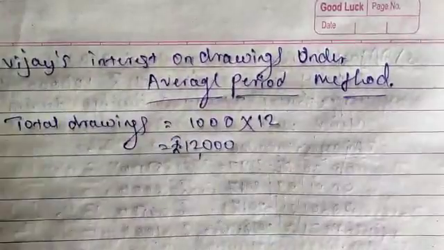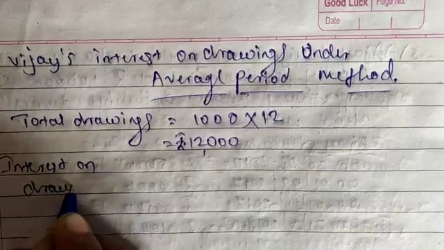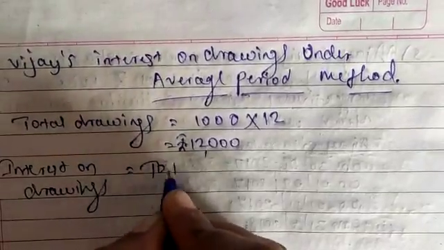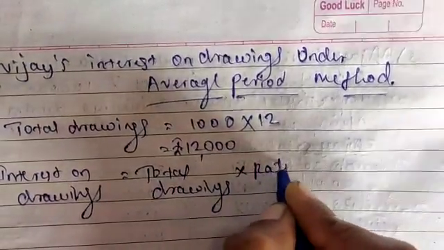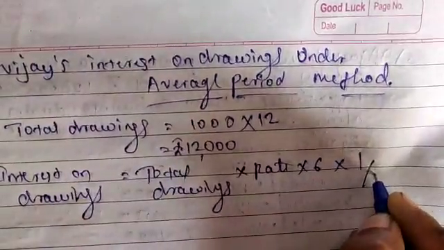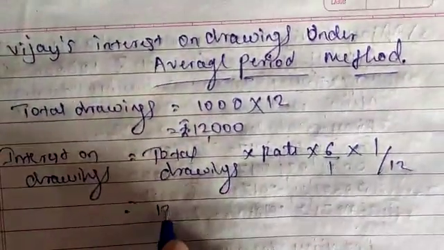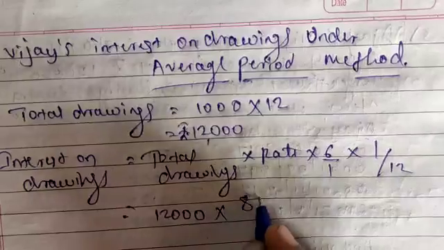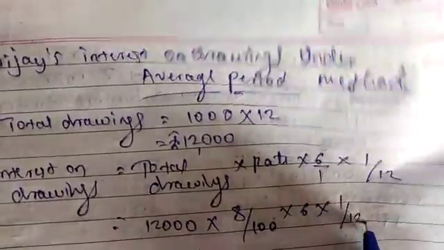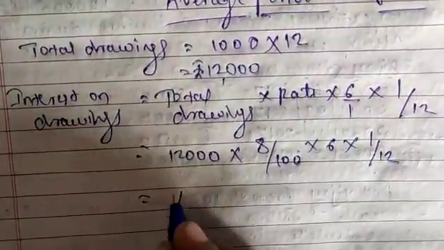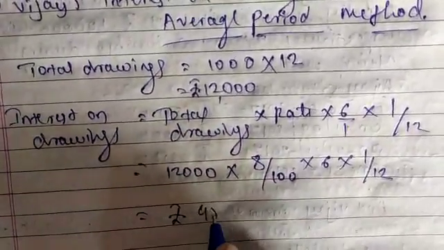Total drawings 12,000. Next put the formula: interest on drawings equals total drawings into rate into 6 into 1 divided by 12. So total drawings you got here, 12,000. Rate is 8% as it is, both methods use 8% only, and 6 into 1 divided by 12. So the direct calculation of the interest on drawings is rupees 480.